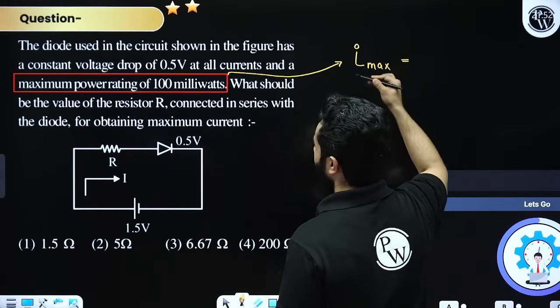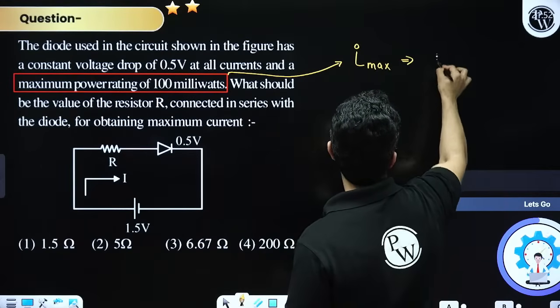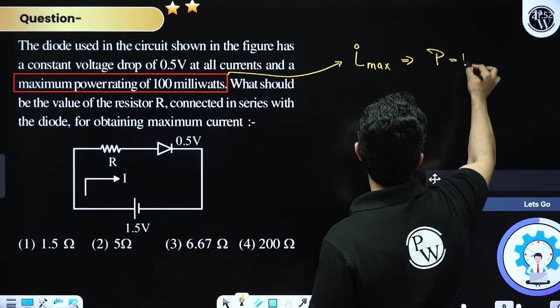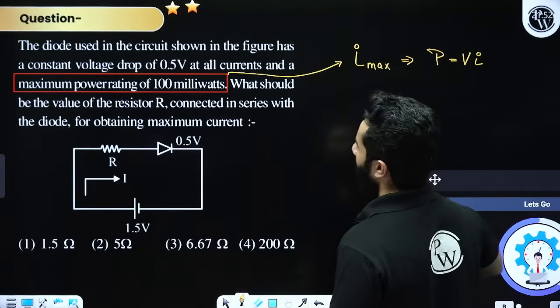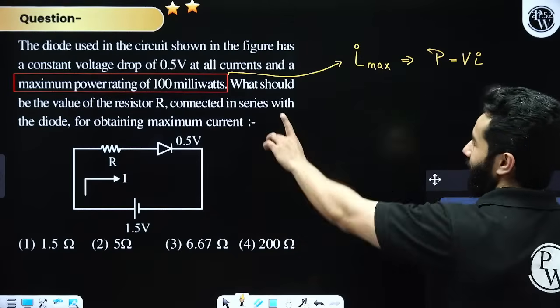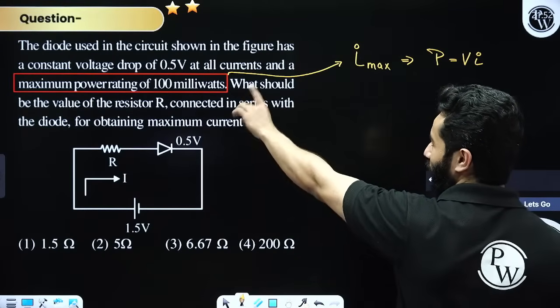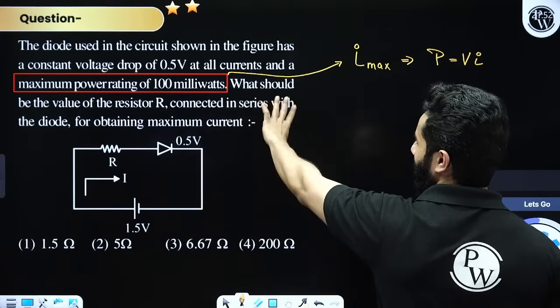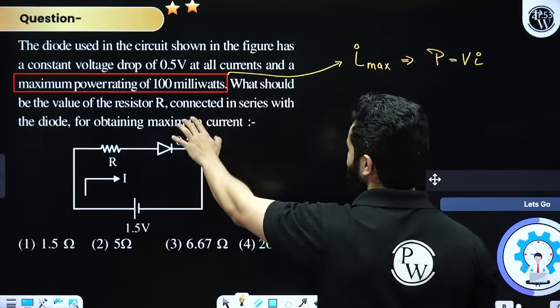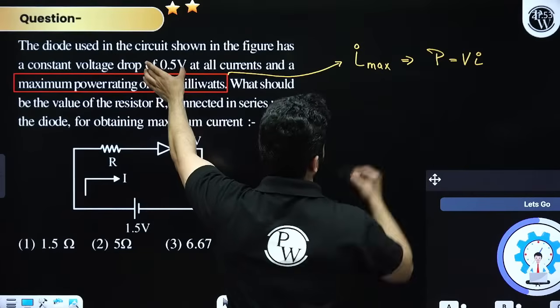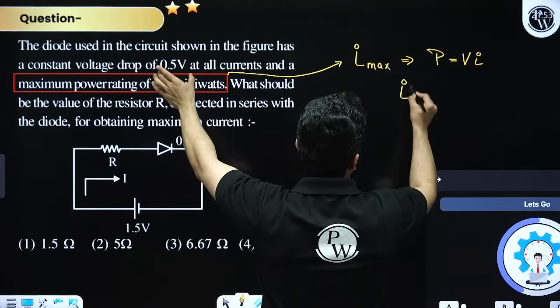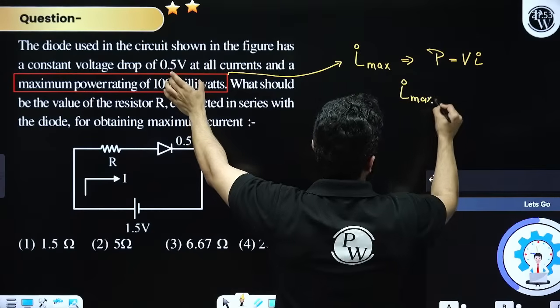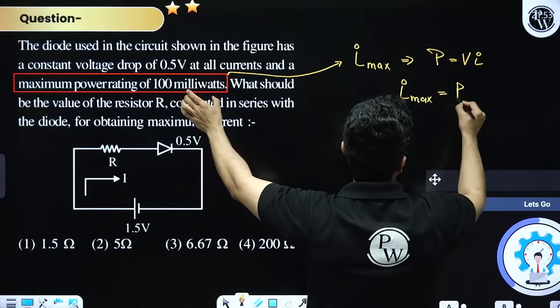So maximum value of current will be found out from the formula that power is equal to V multiplied by I, right? And they are also saying that the diode used in the circuit has a constant voltage drop of 0.5 volt at all currents and a maximum power rating. So my dear friends, power rating is this and constant voltage drop is this. So I max will be power divided by voltage.